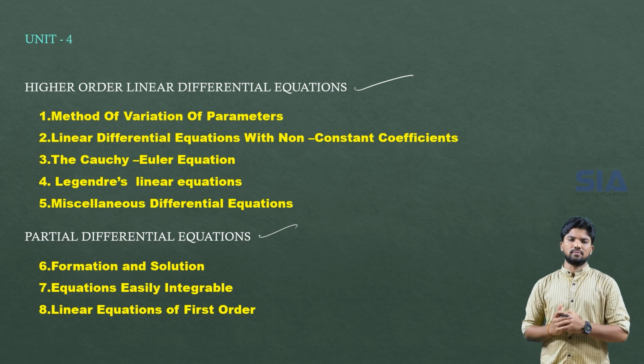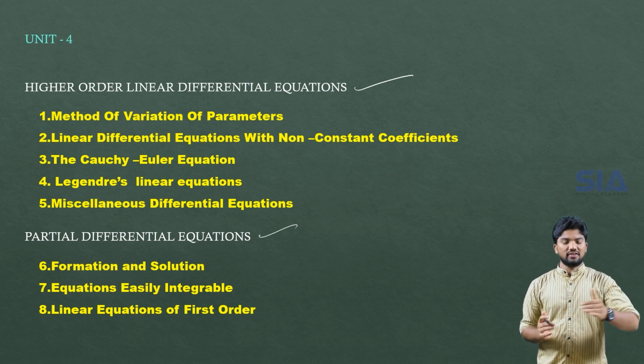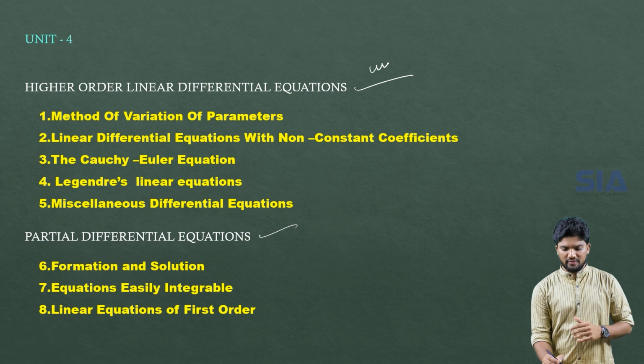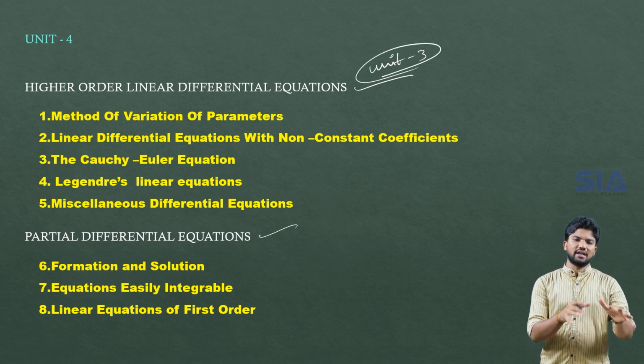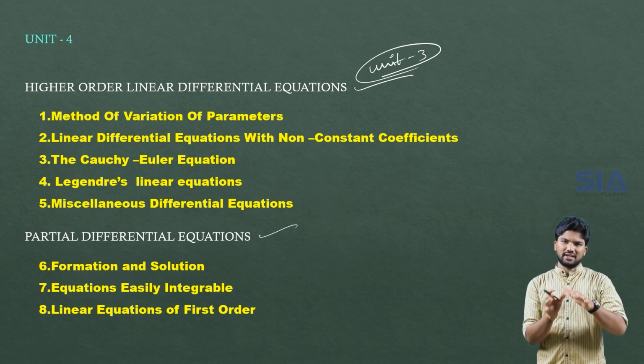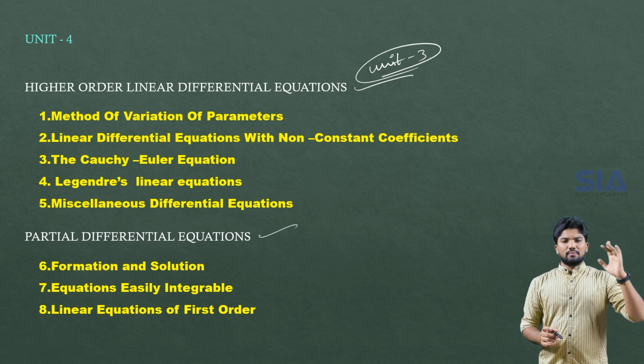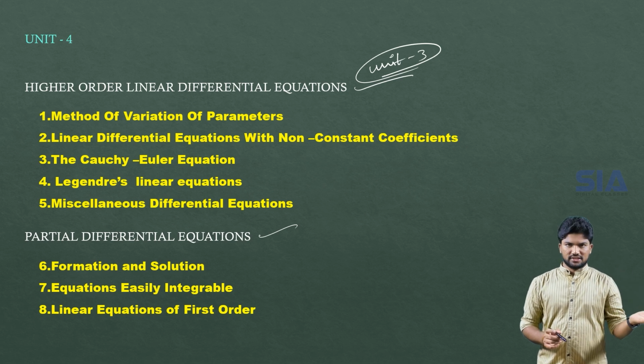Okay, so we have two parts: higher order linear differential equation. This is the continuation of unit 3. The name of unit 3 is also higher order linear differential equations only. Continuation of unit 3, where we discussed the method of undetermined coefficients.